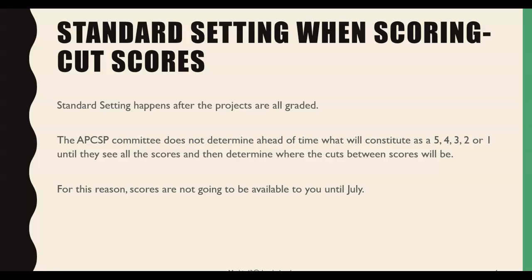So once they see all the scores, they can determine where the cuts will be between a 4 and a 5, a 3 and a 4, a 2 and a 1, that type of thing. For this reason, that's why you do not get to see your scores until July. You don't want to rush them in this process because it could jeopardize your grade. So you want them to take all the time that they need to be able to determine this.